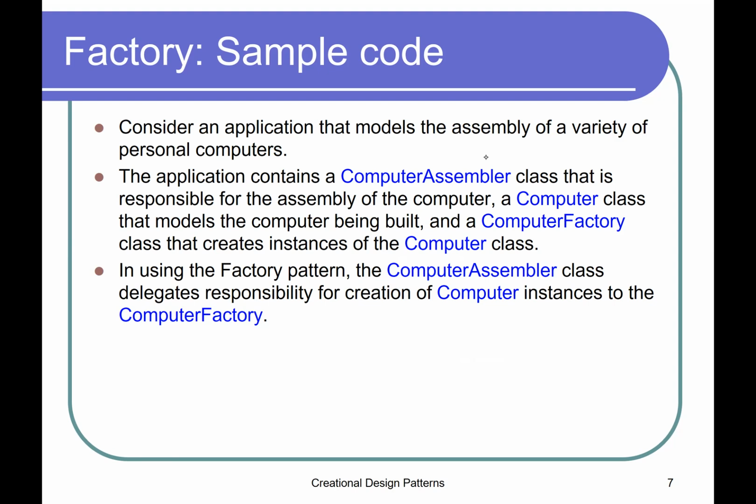In using the factory design pattern, the assembler class can delegate the responsibility of creation. So the assembler is the client, the computer factory is the intermediary playing the role of the delegate, and finally the computers are the actual products that we're creating.